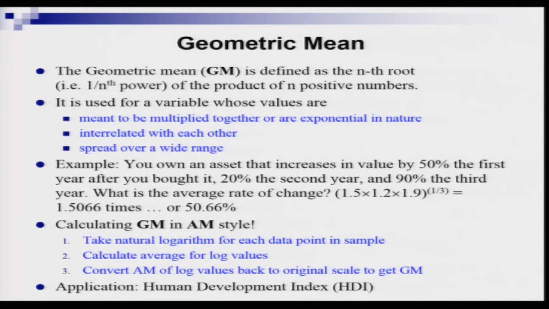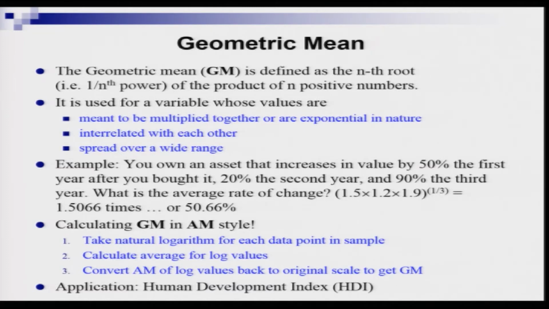One may want to know what the average rate of change is in this case. Here, note that we are talking about the value being increased by 1.5 times at the end of year 1, 1.2 times by the end of year 2 and 1.9 times by the end of year 3.